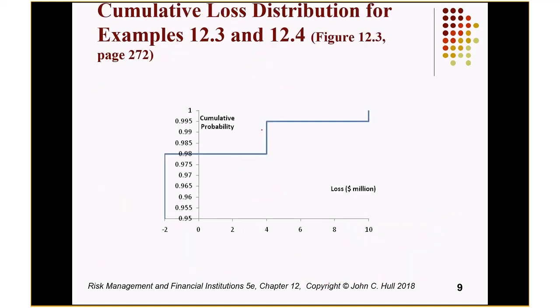You can also draw it, just like what I showed you. I prefer to use tables, but you can also draw it out. This is cumulative. It's called the CDF, cumulative distribution function. So you have 98%, because negative 2 of loss means plus 2 of gain.